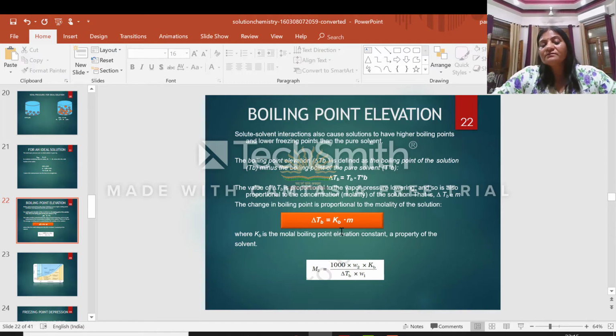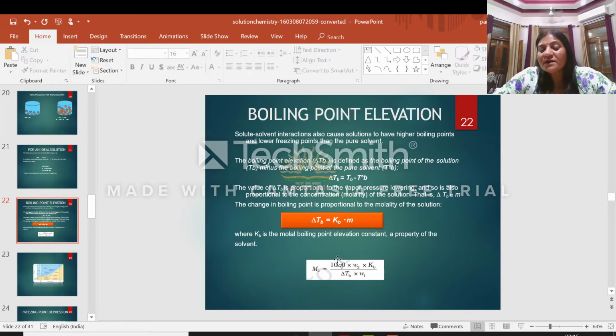When we put in the value of the molality and want to calculate the molar mass of the solute, then M2 is equal to 1000 into W2, where W2 is the mass of the non-volatile solute, into Kb, the molal boiling point elevation constant, divided by delta Tb, the elevation of boiling point, into W1, the mass of the solvent. M2 is the molar mass of the non-volatile solute.